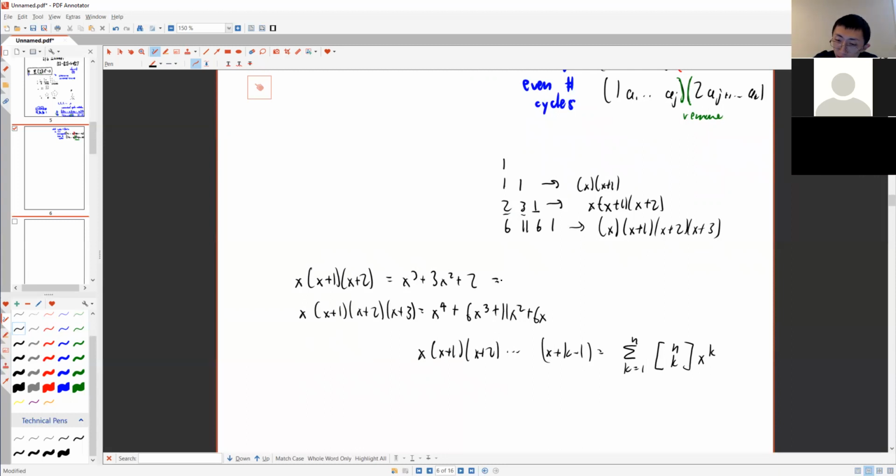So this is, for instance, 3, 1, x plus 3, 2, x squared plus 3, 3, x cubed. And that corresponds to 2, 3, and 1.